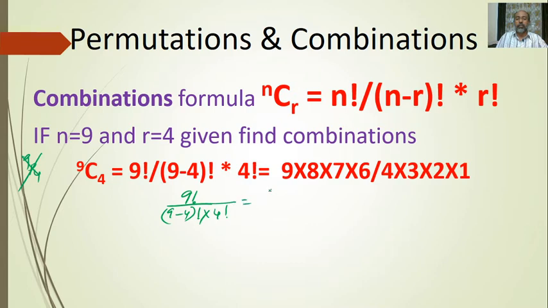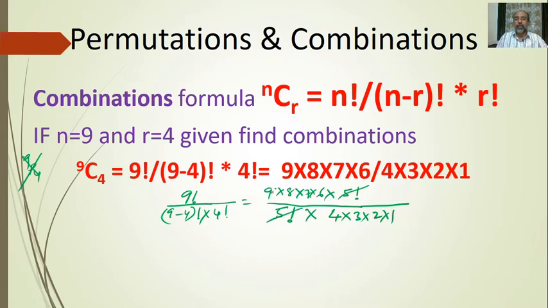In the same way as before, 9 into 8 into 7 into 6 into 5 factorial, since 9 minus 4 is 5 factorial. That's why we strike off the 5 factorial, and the leftover 4 factorial is expanded as 4 into 3 into 2 into 1. So 5 factorial and 5 factorial cancel.